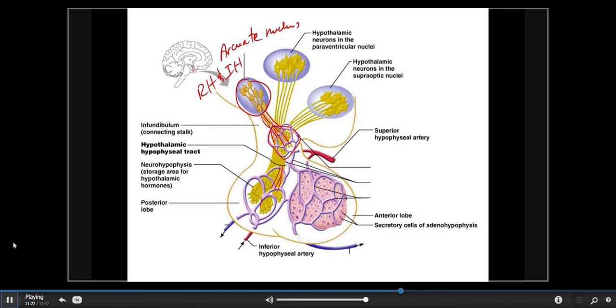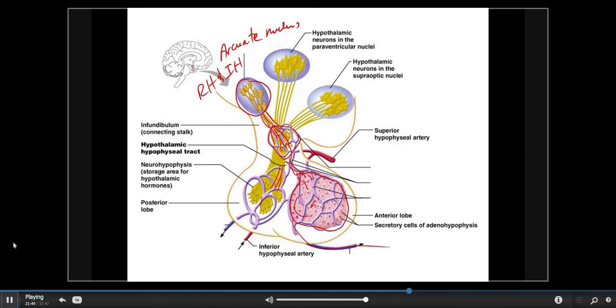It's a system of blood vessels or capillaries that carry their hormones, in this case releasing or inhibiting, in the direction of the anterior or glandular portion of the pituitary, and to signal release of the hormones that are produced or synthesized here in this part of the pituitary gland and out through this blood vessel here.